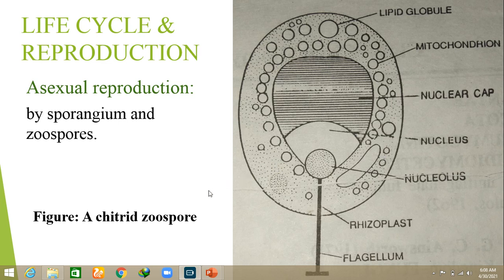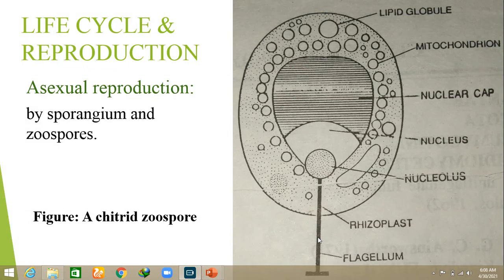The young sporangium is full of protoplasm and contains many nuclei. As the development of sporangium continues, the entire protoplasm divides into numerous minute parts by means of cleavage. Each minute part develops into a uninucleate zoospore, and each zoospore possesses a single posterior whiplash flagellum.